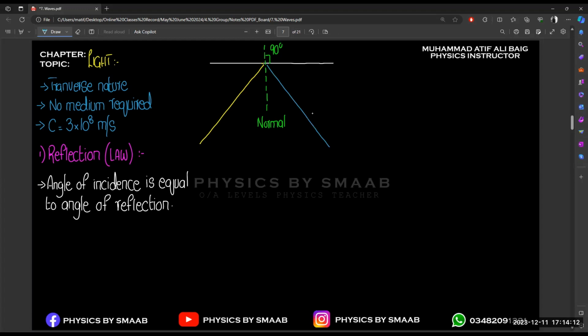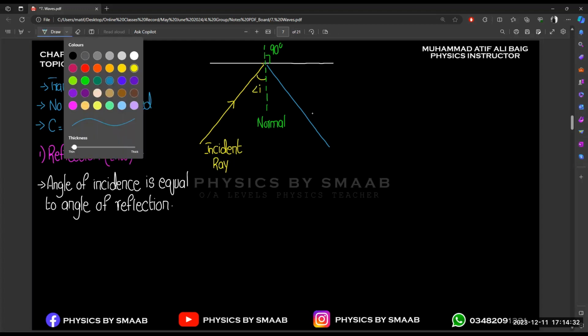So basically light is incident from the left hand side. This is called the incident ray, and this is the angle of incidence, and the other one is the reflection.